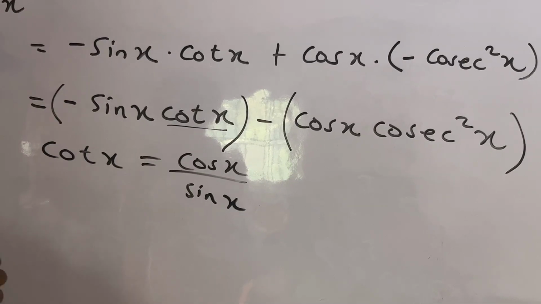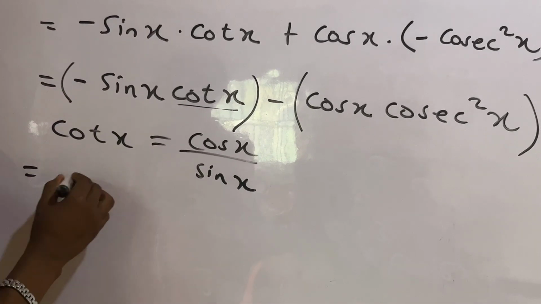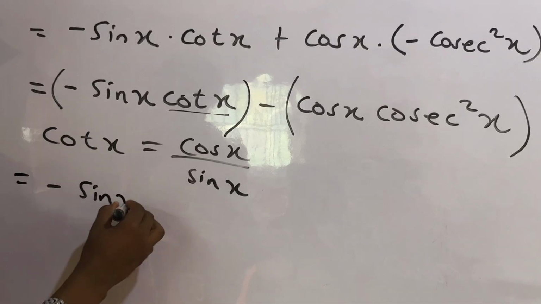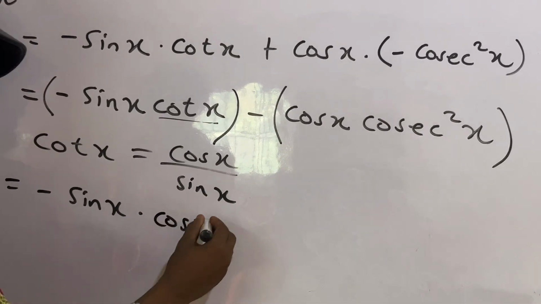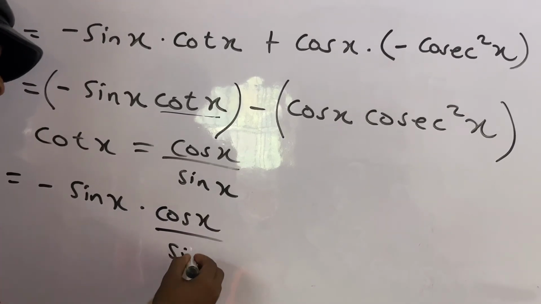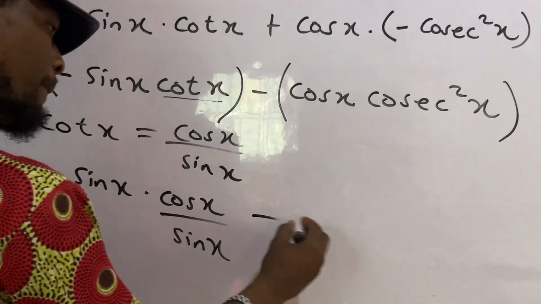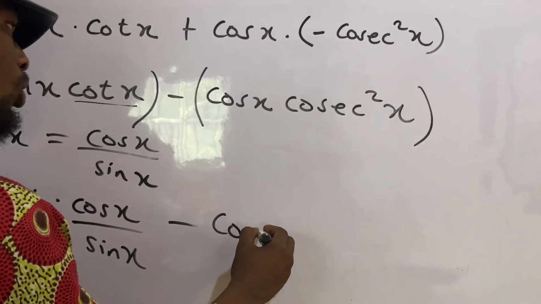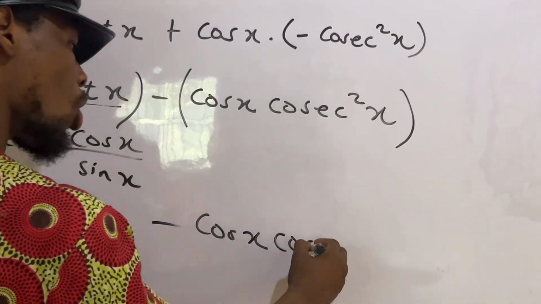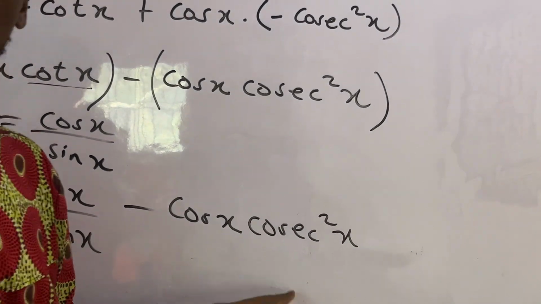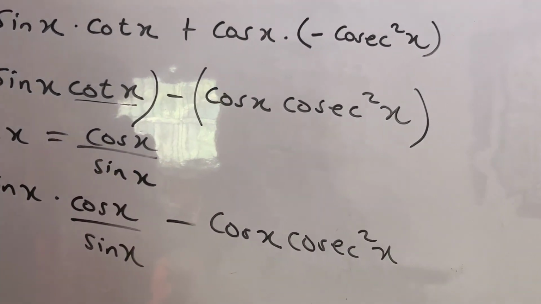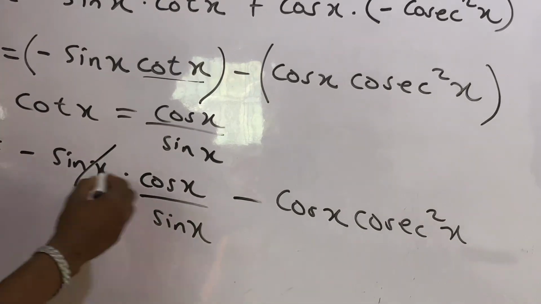So let's do that. I have negative sine x, then times cot x, which is cos x over sine x, then minus, I have my cos x, then cosec squared x. Cosec simply means cosecant. Okay, so sine x cancels sine x.